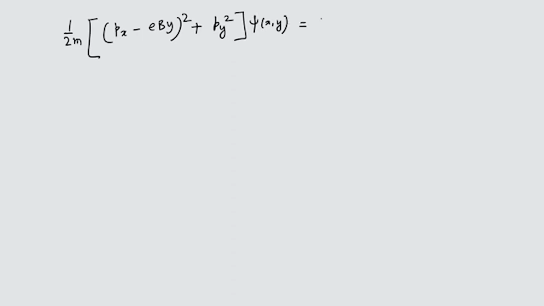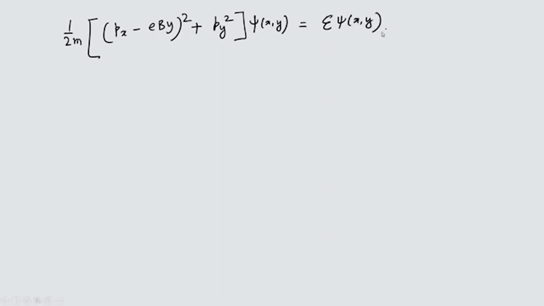So let us eliminate the z part of the kinetic energy, pz square over 2m, and simply write 1 over 2m, then (px minus eBy) whole square plus py square, acting on psi, which is a function of x and y only, equal to epsilon psi of x, y.